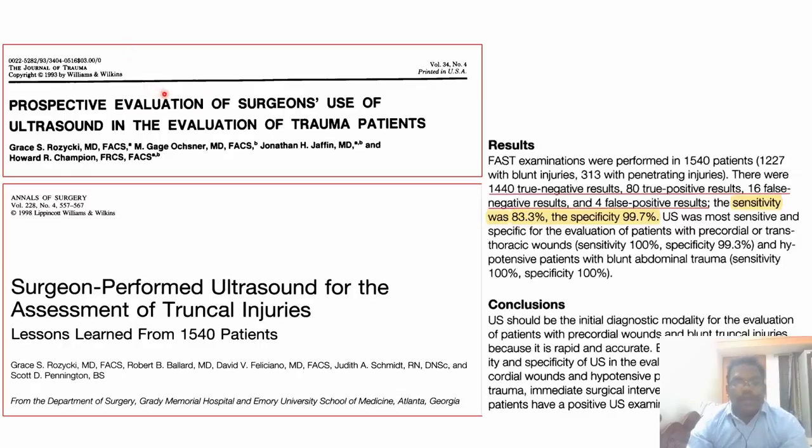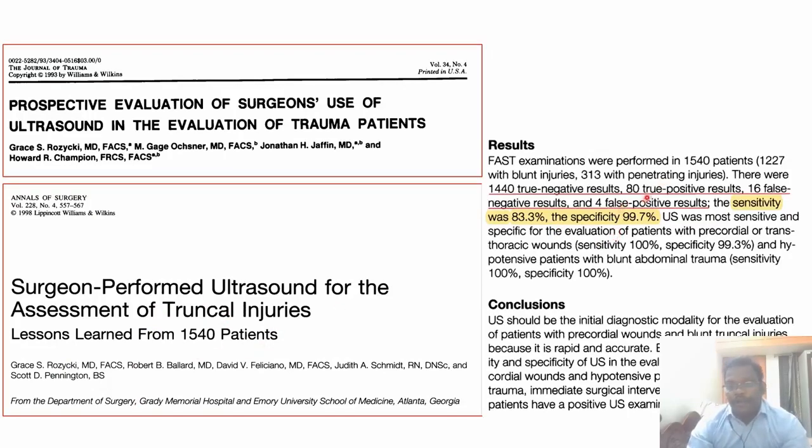This is the original research article published by Dr. Grace Rozycki in 1993. This is the first research article on FAST assessment and algorithm. 5 years later, Dr. Rozycki published another study on FAST assessment in a large set of patients.